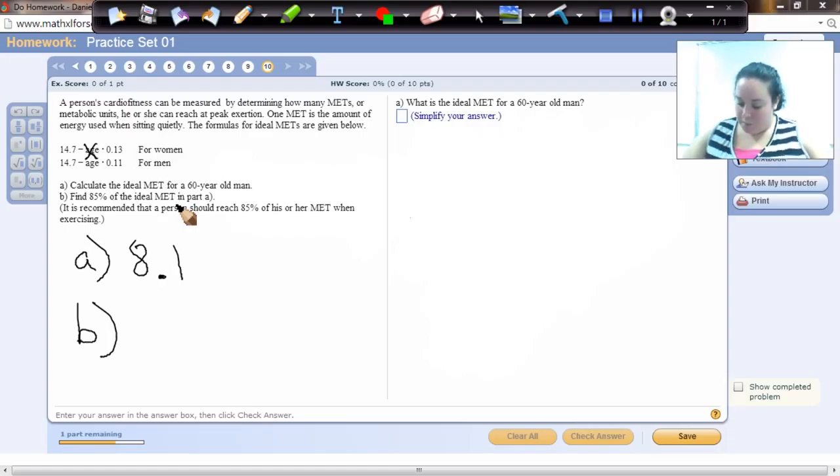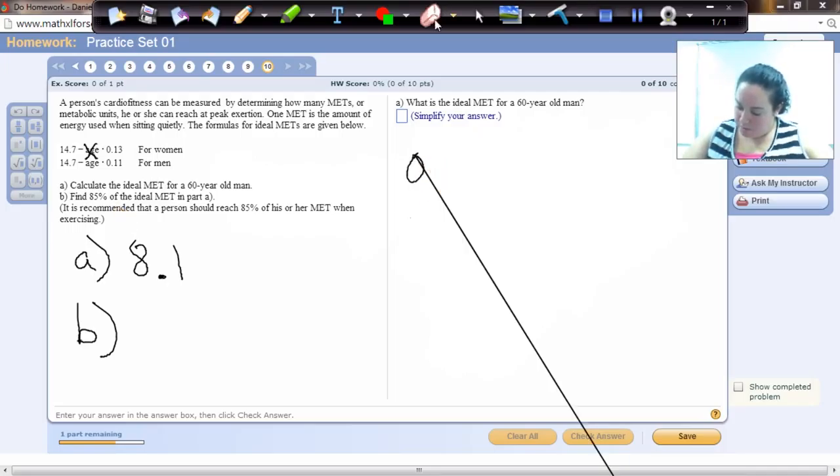So we can say 85%. We'll write that as a decimal, 0.85.